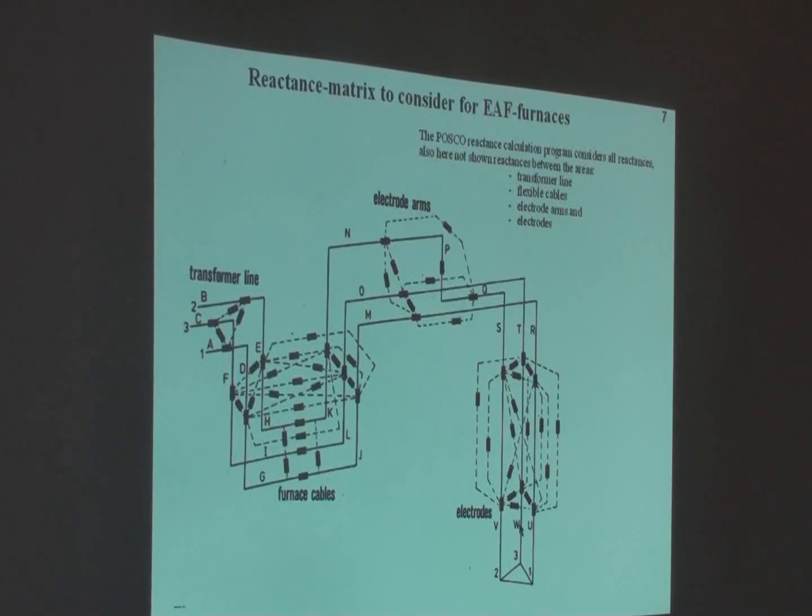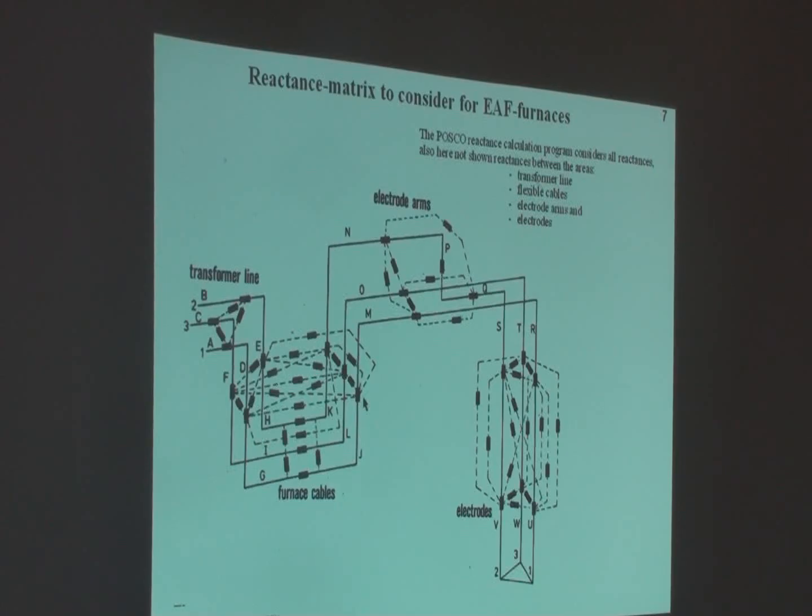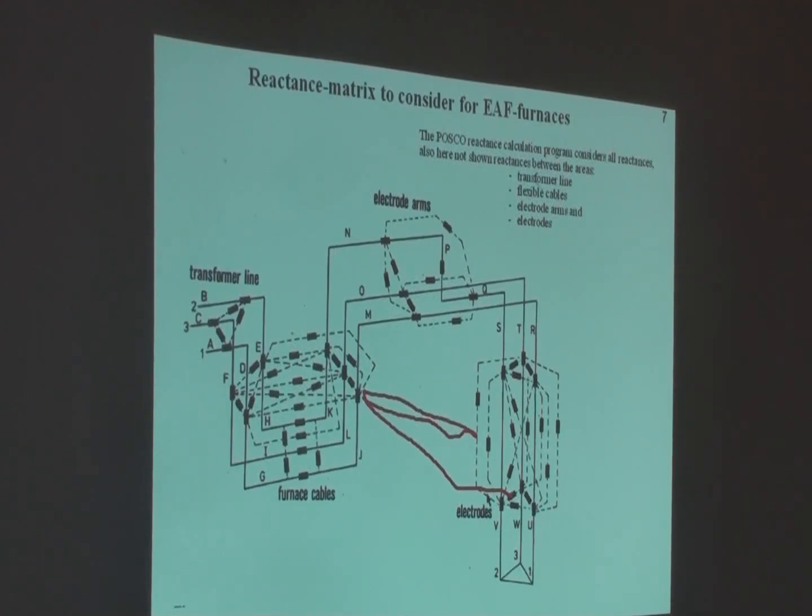We have here only the mutual and self-reactances of the area, transformer line, furnace cable, electrode arms, and electrodes. We have coupling between this and this, and so on. But if you show this in this picture, we wouldn't see anything.